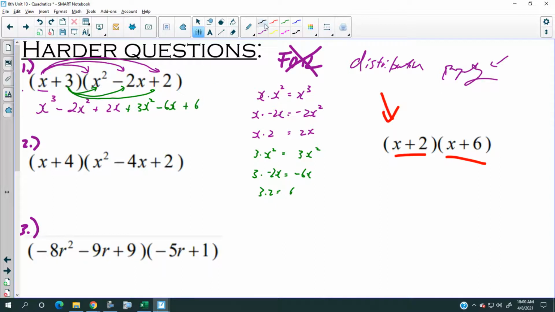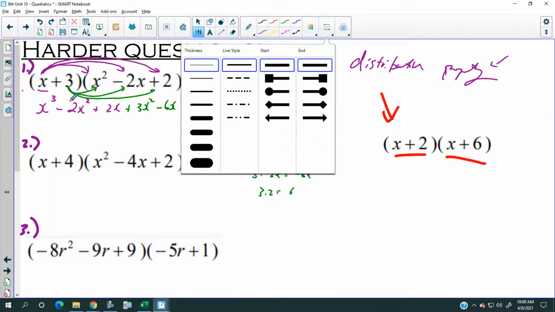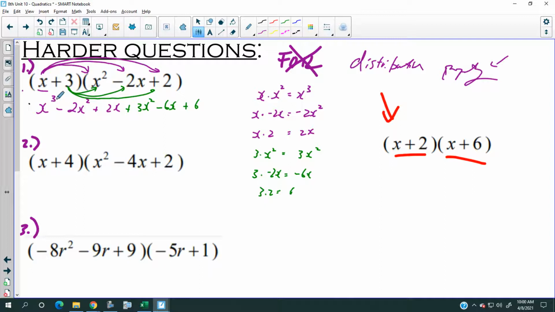Now I'm going to combine like terms. Same family, same family. Let's go with the regular marker. So x to the third. Now, negative 2x squared plus 3x squared is plus x squared, because that's just 1x squared.